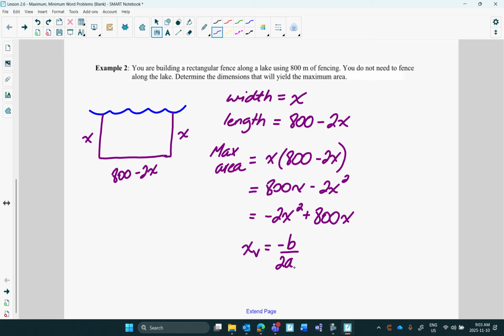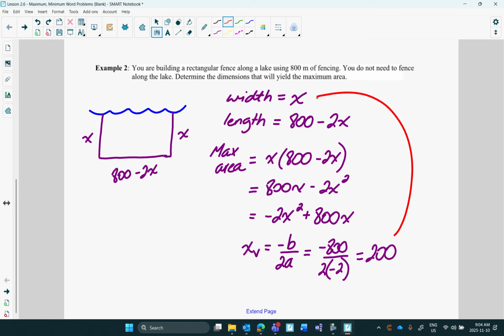So what's b? 800, so negative 800, divided by 2 times negative 2. 200. And what does that 200 represent? It represents the width at the maximum area. So that means these two have to be 200. And how do I find the length? Plug 200 into here and calculate.